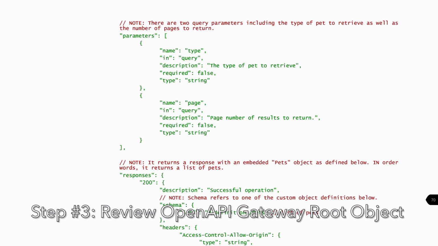They include the type of pet to retrieve as well as the number of pages to return. So when you make this request, you can modify it in two different ways. One parameter is named type, which defines what type of pet we want to retrieve. The second one is called page, which is the page number of the results to return.